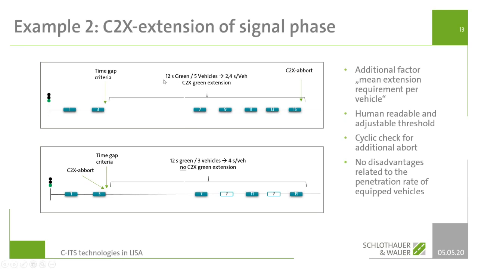This is very easy. This is the available green time of our controller divided by the recognized vehicles, and the result is a mean extension requirement per vehicle. And if this factor is below a specific threshold, we extend the green time of the signal control.